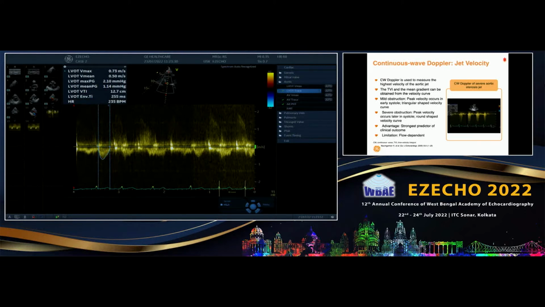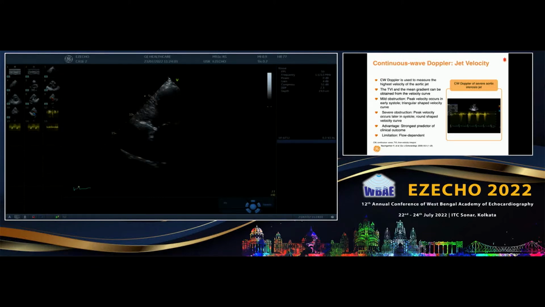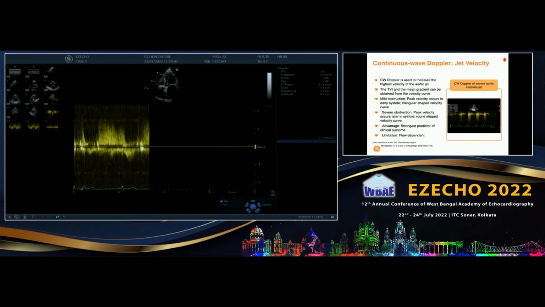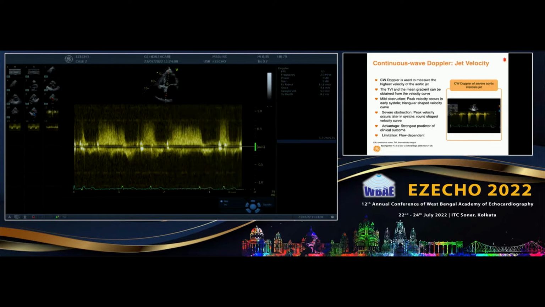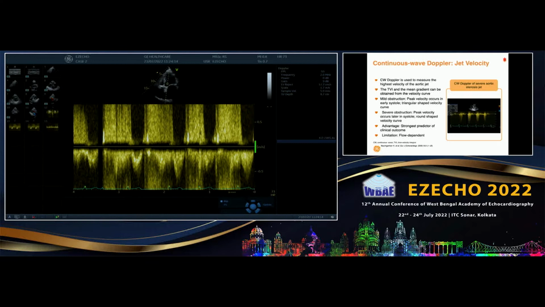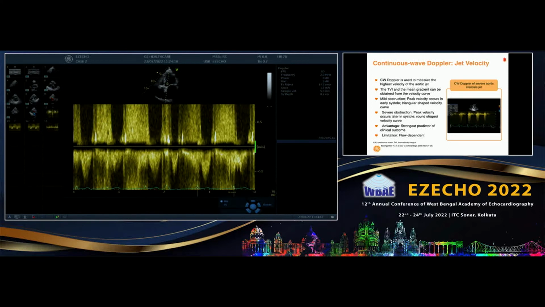Now here, I would just advise a little more. I don't know what the housing situation is in Calcutta, but in Mumbai we strive for real estate. So we strive for real estate here also. For LVOT I will take this baseline and try to use this entire real estate for my Doppler gradient.